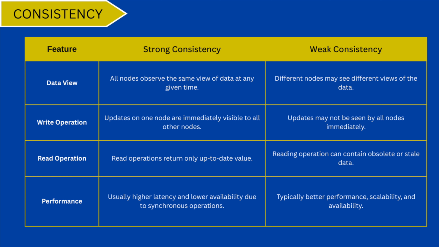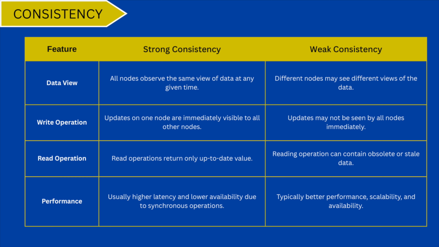Second, write operation: if you update any one node, it should be immediately visible to all other nodes, it's not that the update takes time. Third, read operation: it should return only the up to date value, not stale data. Fourth, performance wise, it will have a little bit higher latency because it's a synchronous operation.